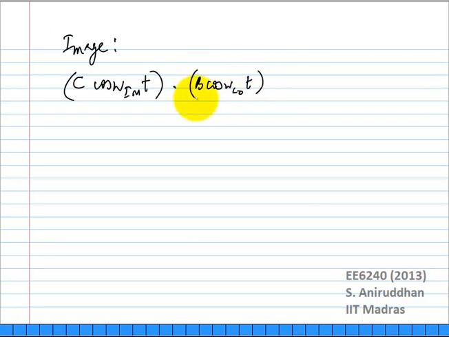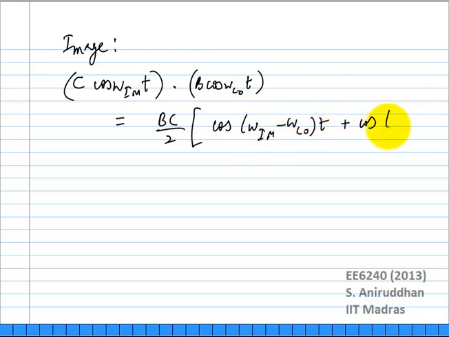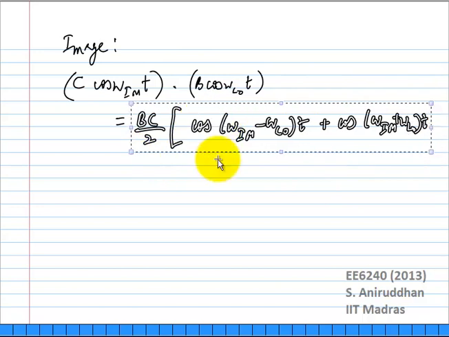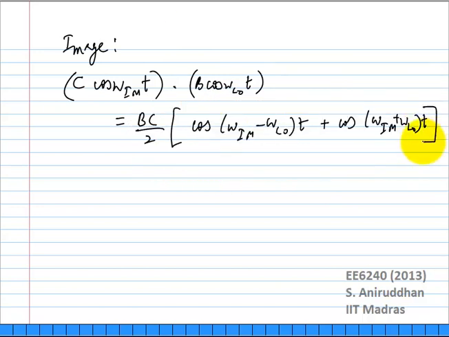So for the image, I'm going to call it C cos omega IM T times B cos omega LO T. This will give me BC by 2, I'll get something like this, right?